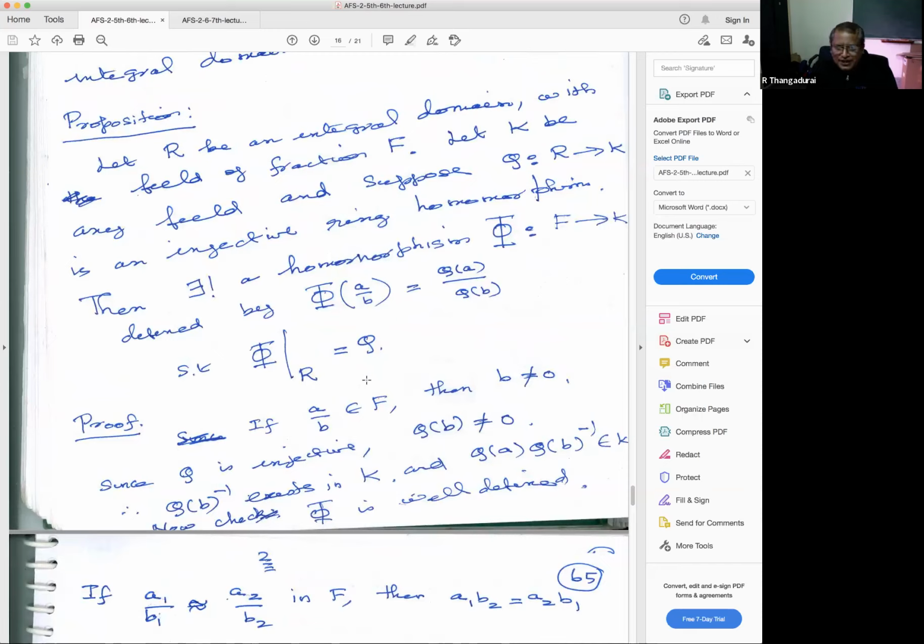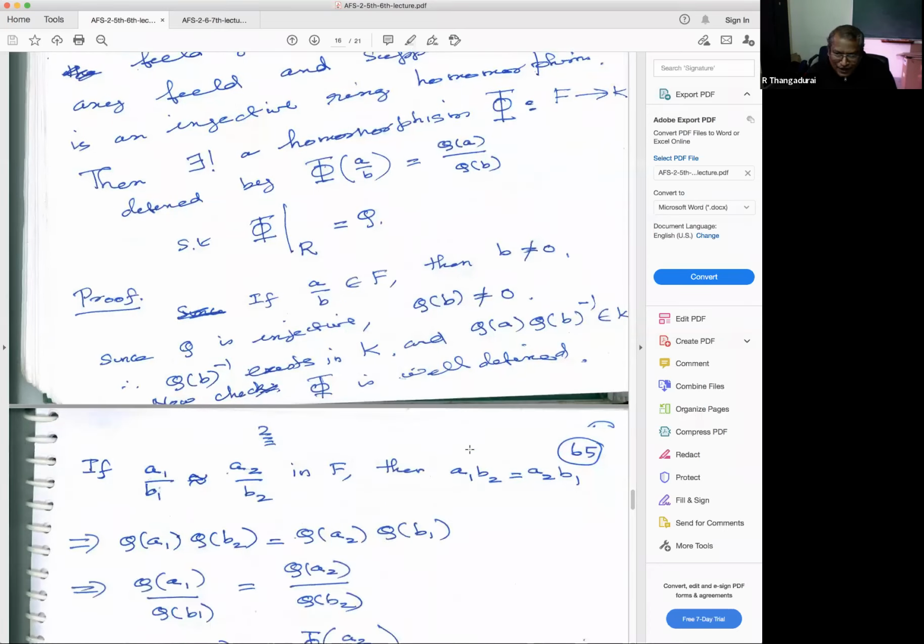Since little phi is an injective ring homomorphism from R to K, and b is non-zero, phi of b is also a non-zero element of K. Therefore, phi of b inverse exists in K, so phi of a times phi of b inverse belongs to K. Therefore, one can define capital phi of a/b as little phi of a divided by little phi of b. So this makes sense.